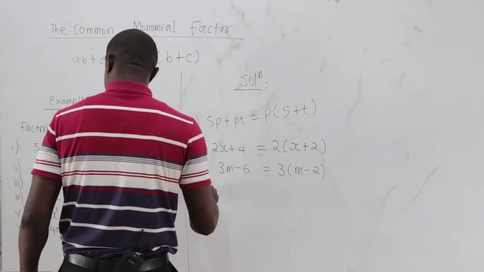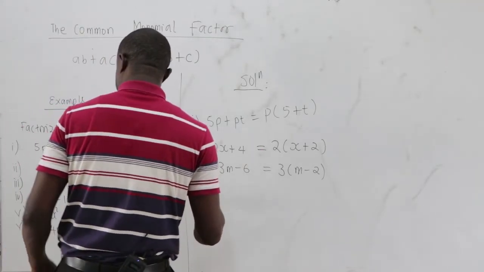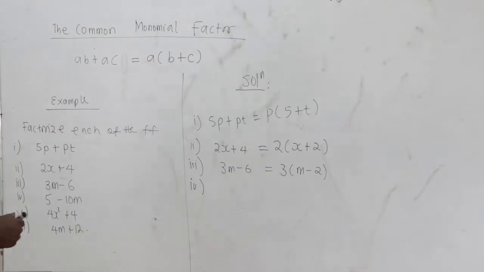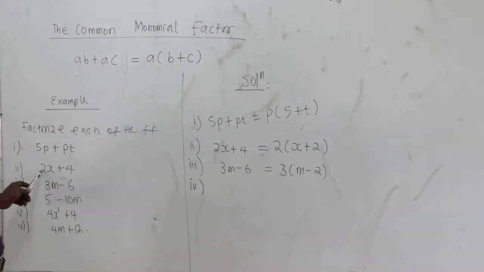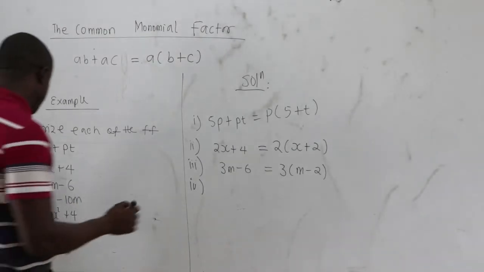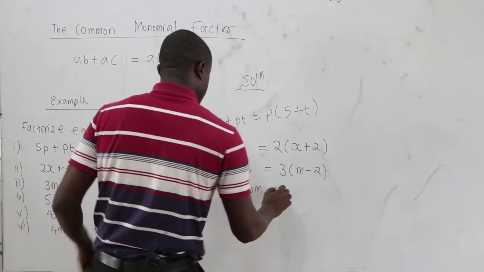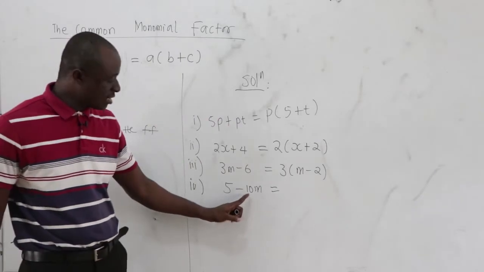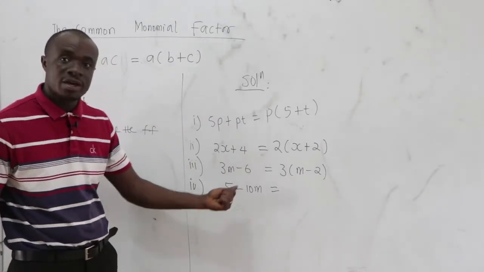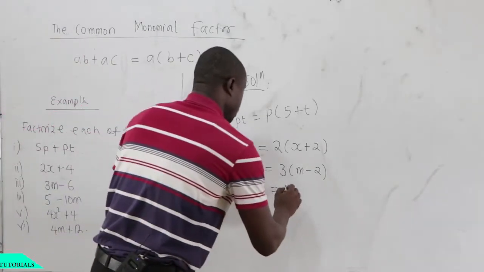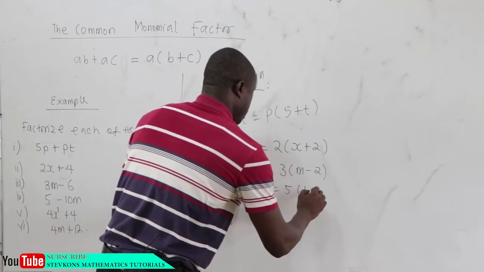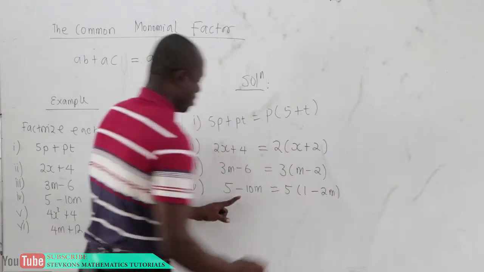Now let's see the fourth one. We have 5 minus 10m. Now we can express this 10 as 5 times 2. So there's 5 here, there's 5 here. We can bring the 5 out, and we are going to get 1 minus 2m.